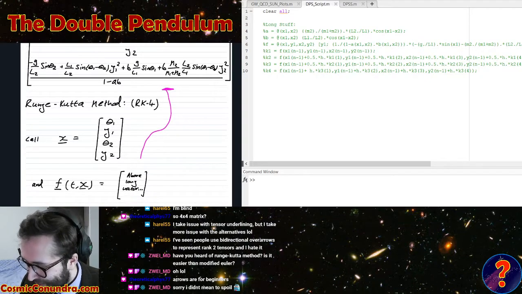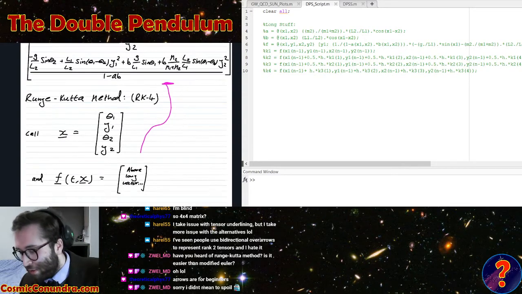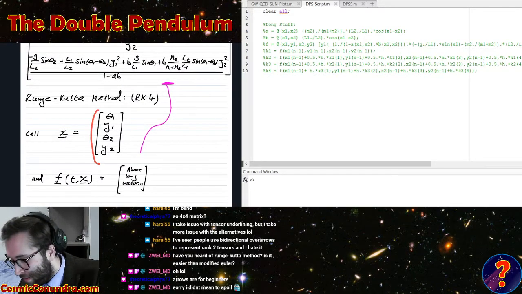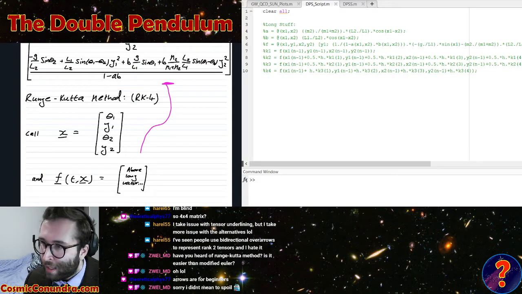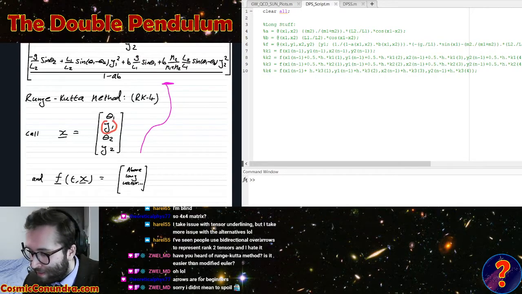Okay. So I'm going to write it in a particular way. I'm going to define this vector here of our 4 degrees of freedom as theta1, y1, theta2, y2. Now remember, y1 is theta1 dot. So when we come to interpreting this, this component will mean the angular speed of the first particle.